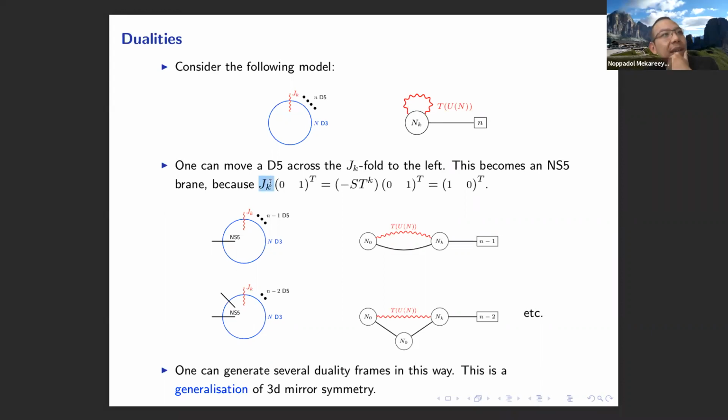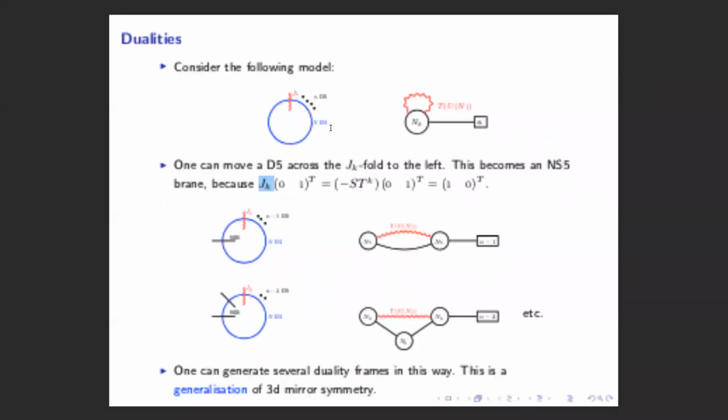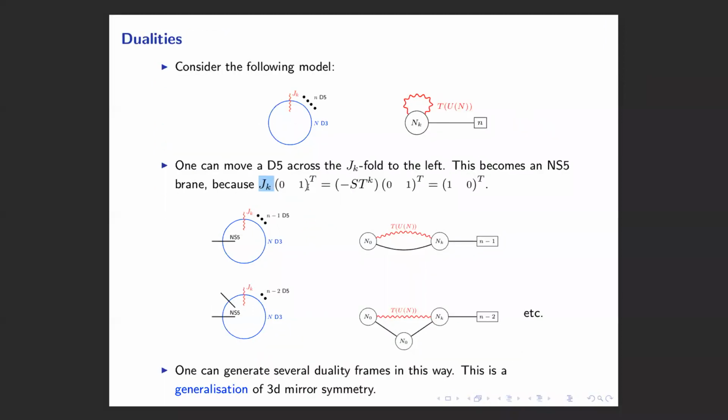Specifically, you can take the JK matrix, as I wrote here, and multiply by the appropriate basis of the D5, which we choose as (0,1), and then it becomes (1,0). So we conclude that the D5 turned into an S5. And vice versa, the NS5s will also turn; you can multiply this matrix and determine what it becomes.